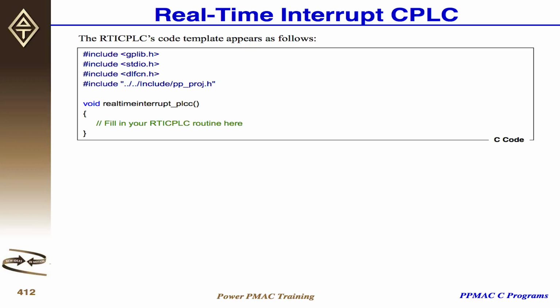And ppproj.h actually contains all of the numerical indices that your named variables have been translated to. So for example, your first global is actually 8192 in PMAC, depending on how you've set up the base number, or in C, depending on how you've set up the base number. And I think Alex showed you guys how to set up the base number for globals and so forth.